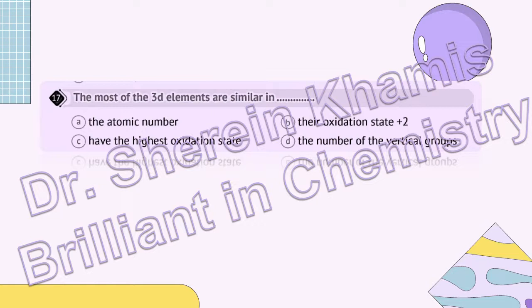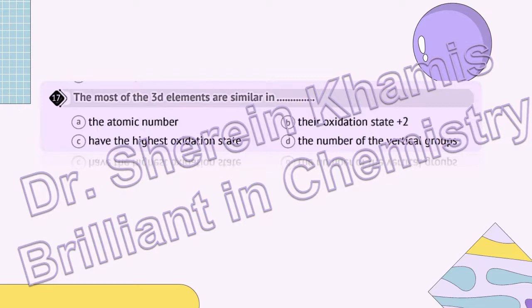They have different oxidation states, some of them reach high and some of them low, from +1 till +7. The number of vertical groups: one of them is present in three vertical groups, forming one group.